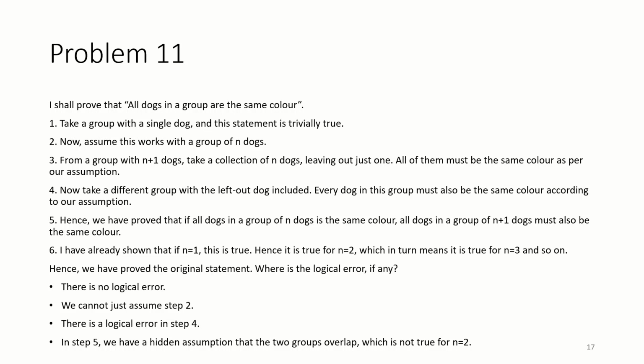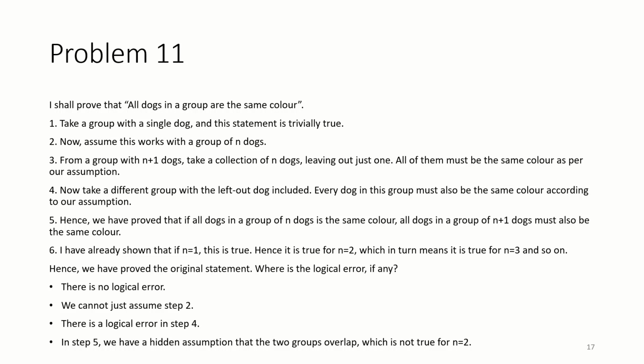According to the step, it is n plus 1 dogs. If we are taking only n dogs, leaving one behind, that one dog is alone and there is a group of only n dogs, right? Actually, I can't follow, the voice is not totally clear. Can you speak a little slowly? Am I audible now? Yes, you are audible, a little bit slowly, so everybody can follow.